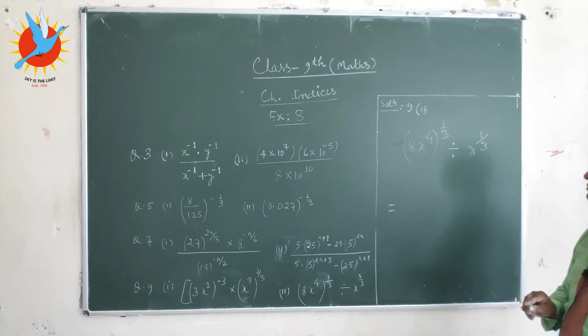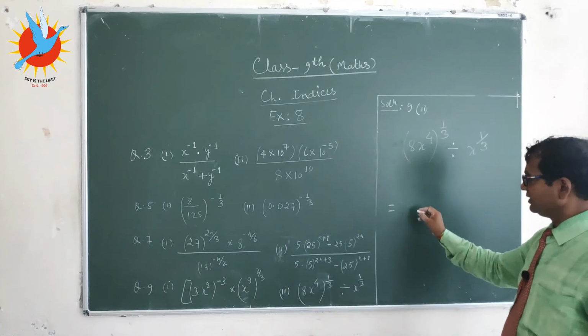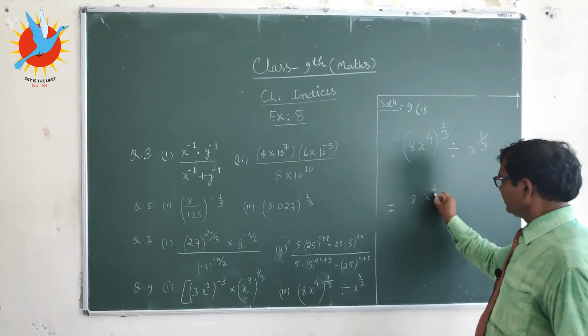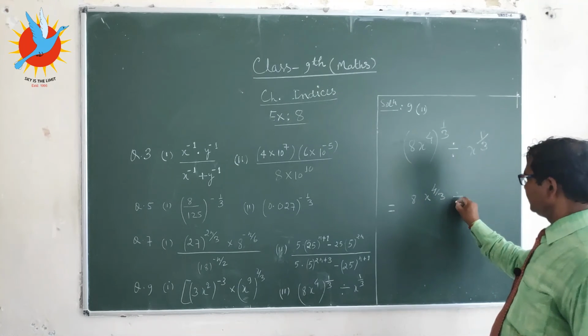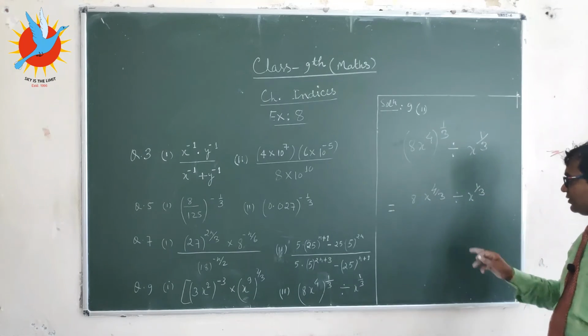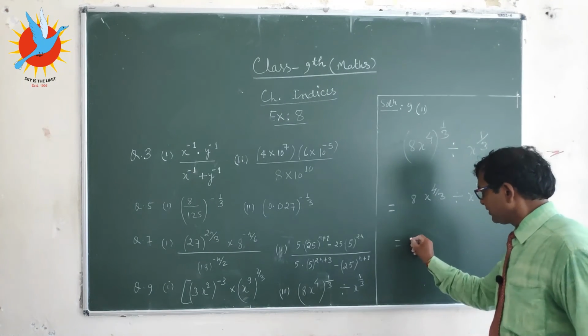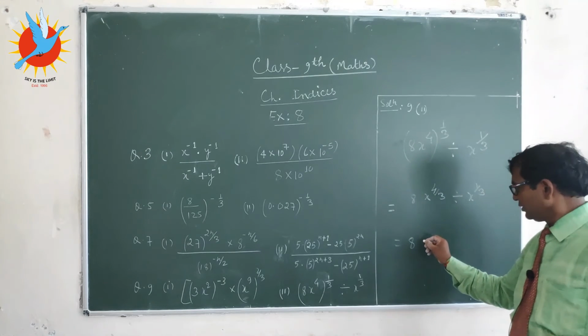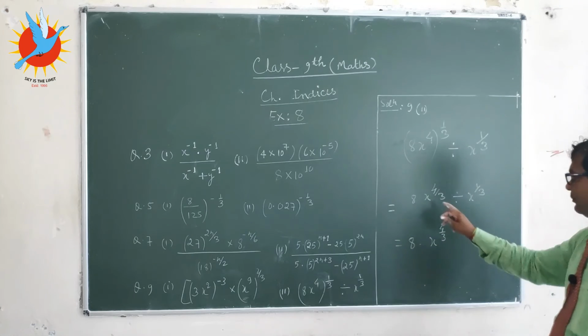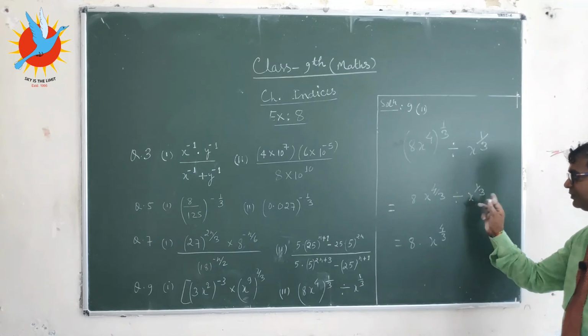Now this can be written as 8 x to the power 4 by 3 divided by x to the power 1 by 3. Now this can be written as 8 into x to the power 4 by 3. Bases are the same, powers would be subtracted.